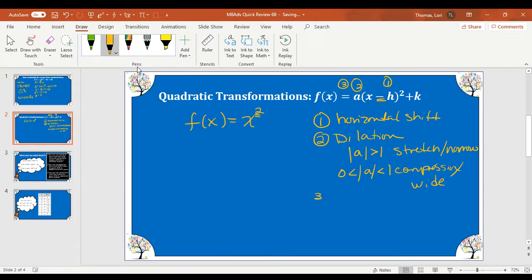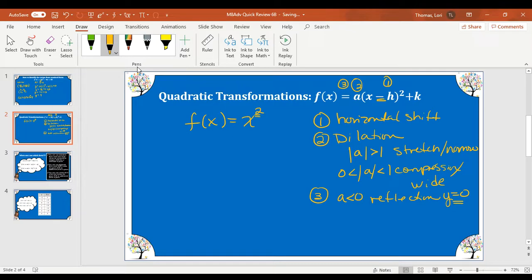The third thing that could happen is if a is negative, so if a is less than 0, it is a vertical reflection across the x-axis, which I write as y equals 0. So remember, this is how we'll indicate it on the test.